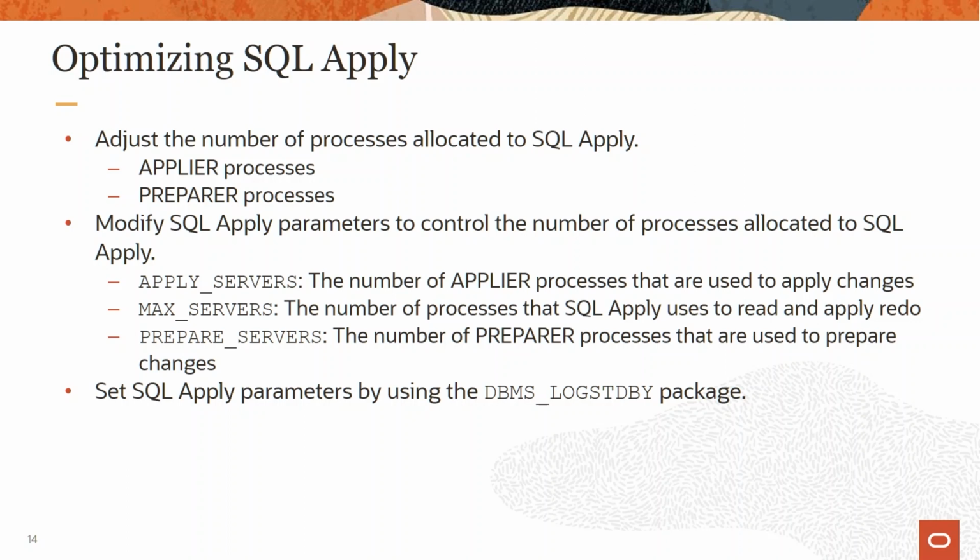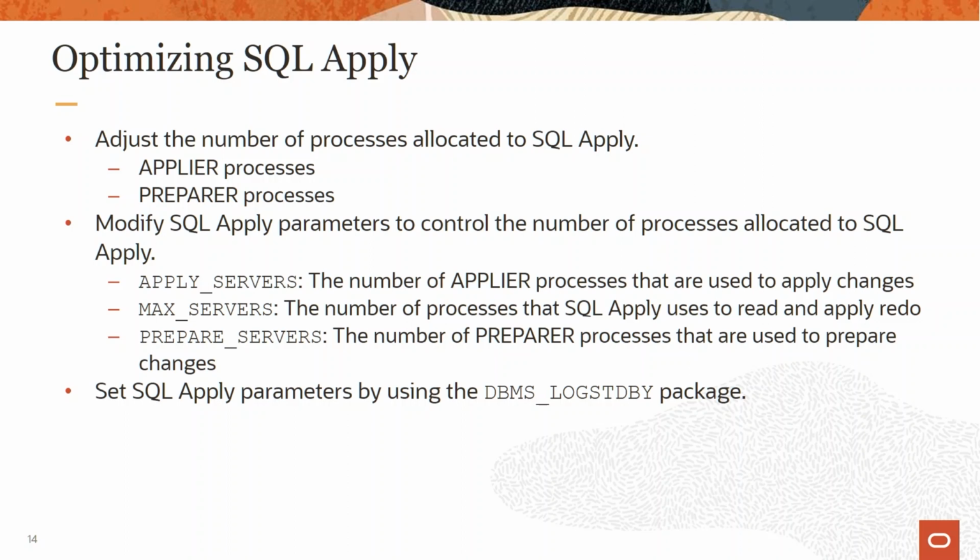And then the coordinator assigns transactions based on dependency to the applier processes. All these processes work together, but out of these, two processes perform more work compared to the others. One is the preparer process and the other is the applier processes.